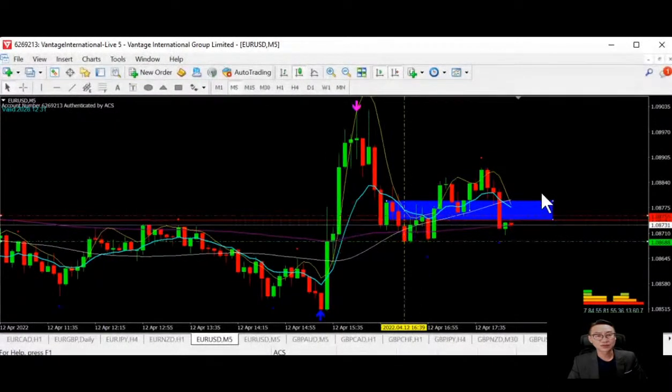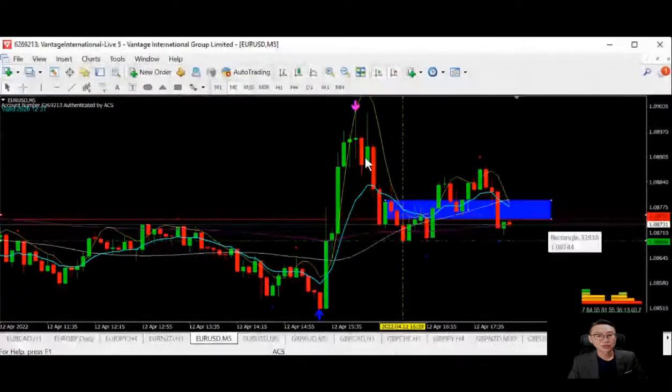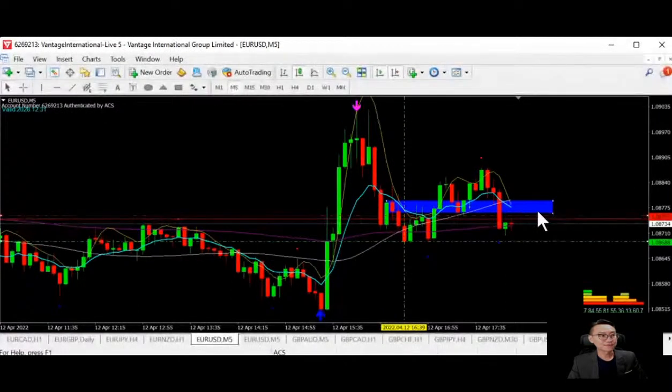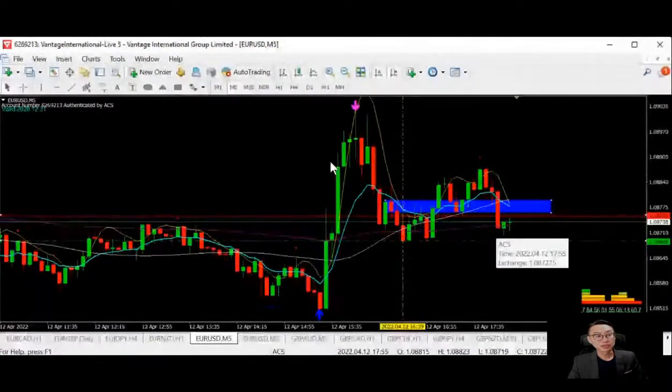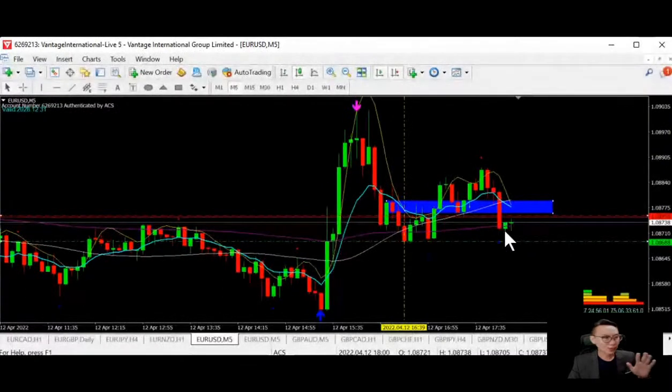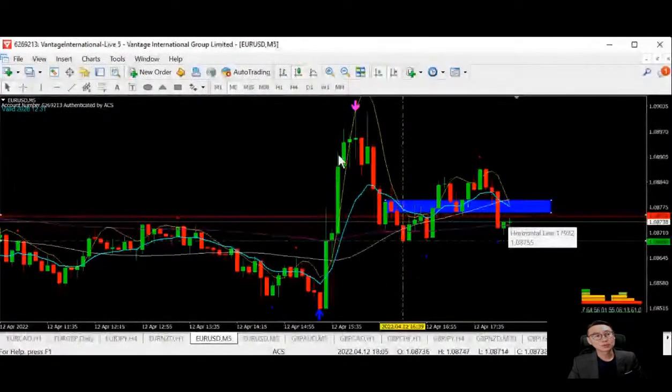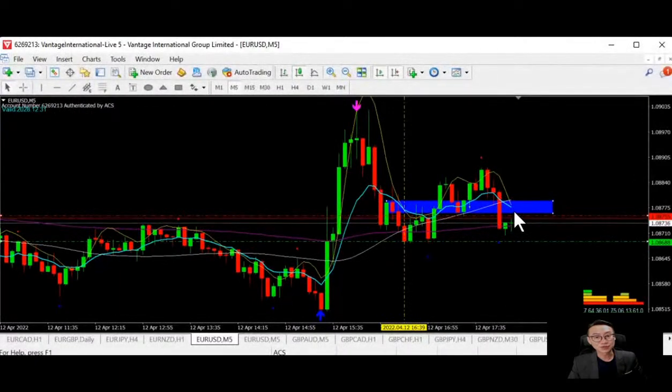This is the range. So now this is the range again. Watch this, it's coming down to test the support. It's building a support. When it's building a support, don't get worried that this is a higher support now, because you need to have a support to meet the previous resistance.